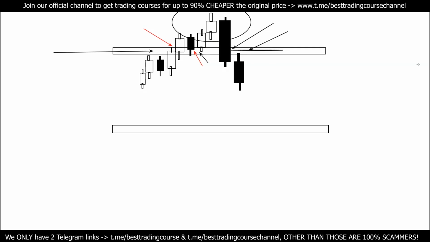If this area is a consolidation range of around 25 pips, from what I've seen there's a very, very high probability that the next candles will continue moving down to the support here. This is a bullish fake out.